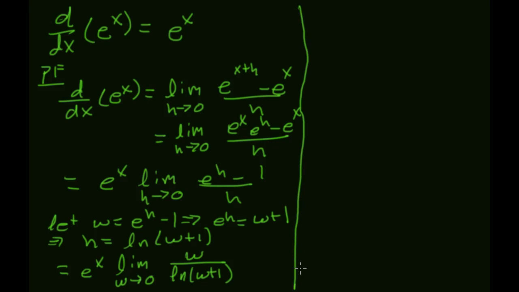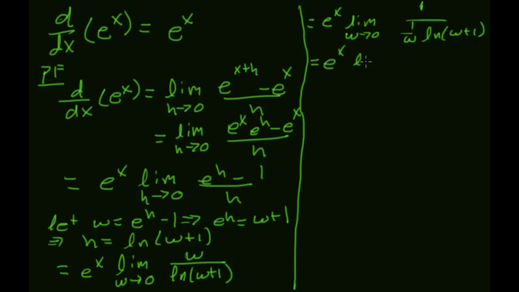I'm going to do something interesting here: I'm going to divide top and bottom by w. So I have e to the x times the limit as w approaches 0 of w divided by w, which is 1, over 1 over w times the natural log of w plus 1. Oh, but something interesting happens here.